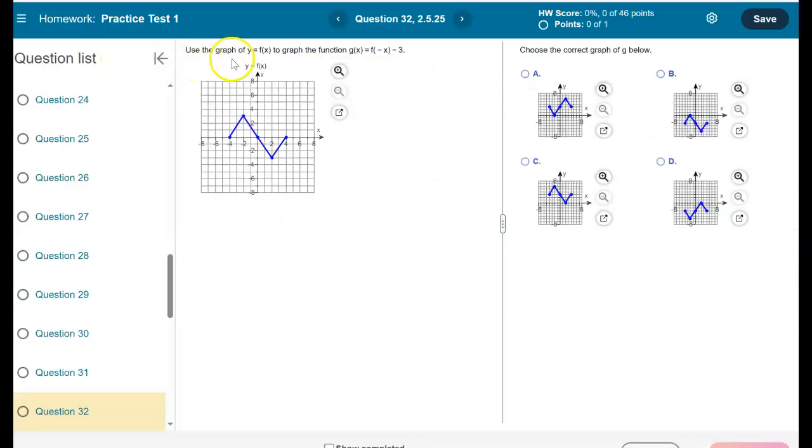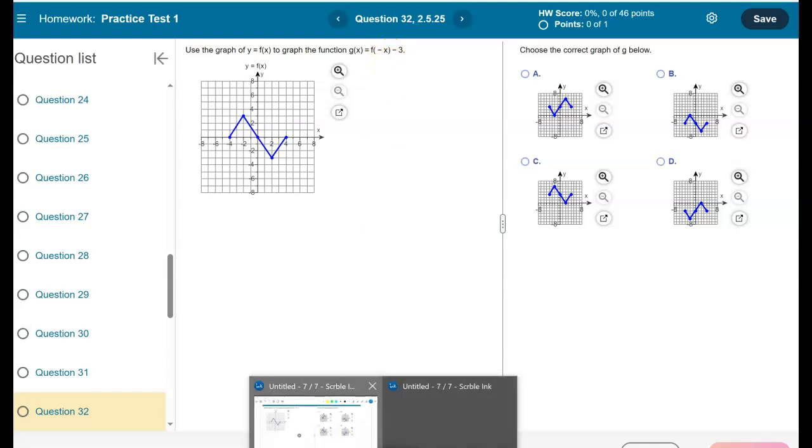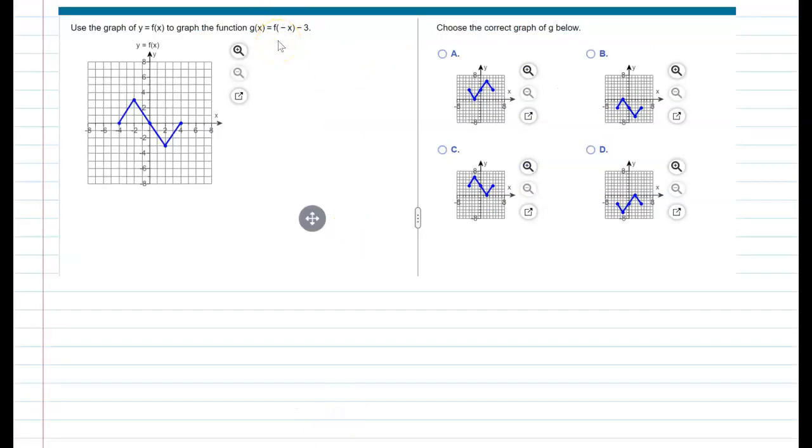Now moving on, we are going to use the graph of f of x to graph the function g of x, where g of x is equal to f of negative x minus 3. Now, let's examine the transformation here. This negative x here, that means that there is a reflection.